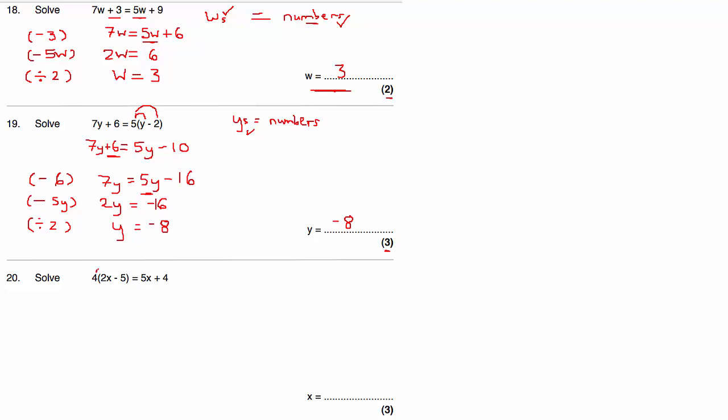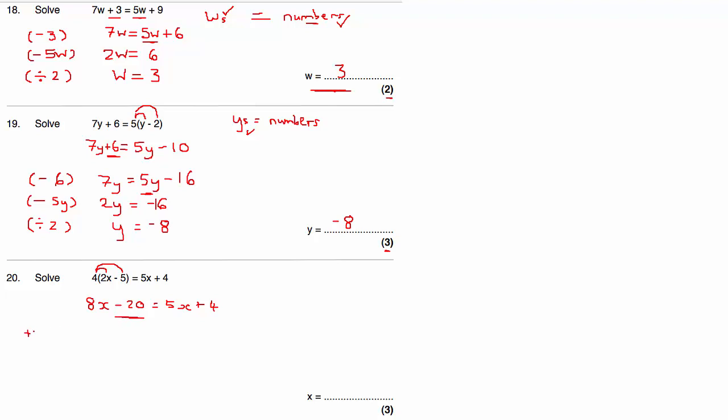Okay, again we need to expand the bracket for this one. 4 times 2x gives us 8x. 4 times minus 5 gives us minus 20. Okay, so again, if we start on the left-hand side, we've got minus 20 this time.